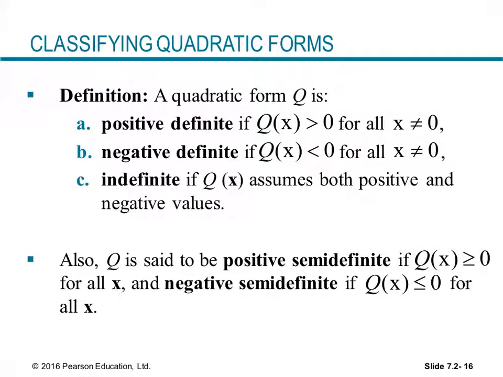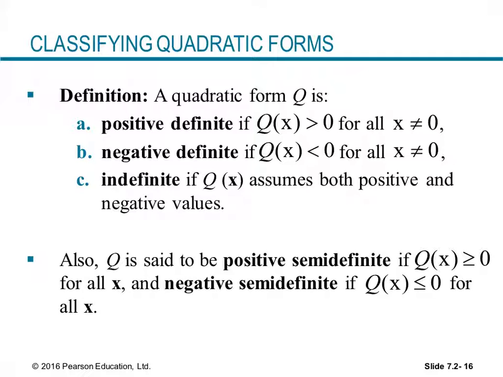If we allow equality in this inequality, then we put semi in front of definite. In other words, we say Q is positive semi-definite if Q(x) is non-negative for any x vector, and we don't have to exclude 0 in this case because 0 is included in this comparison. And we say Q is negative semi-definite if Q(x) is non-positive for any x.